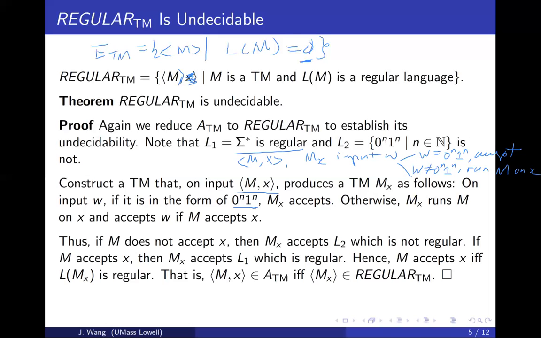If w is not in this form, we run M on x and accept w if M accepts x.